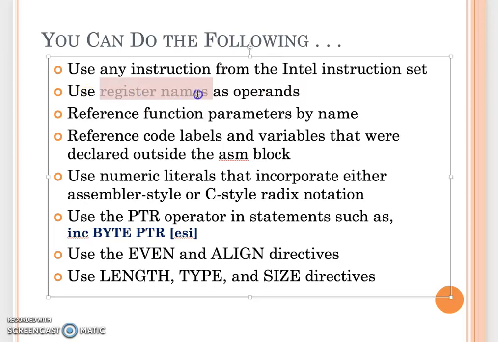You can use register names as operands, so all the general registers like EAX, ECX, EDX, and ESI can be used. You can reference function parameters by name, and you can reference code labels. For example, you can write a loop: you have L1, and you loop back to L1. The code labels and variables declared outside the ASM block can be referred to.